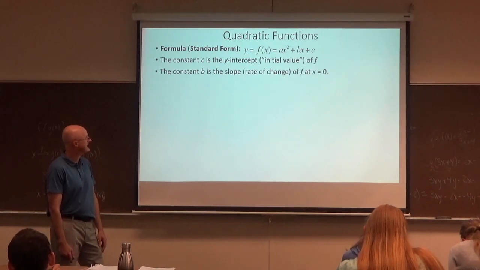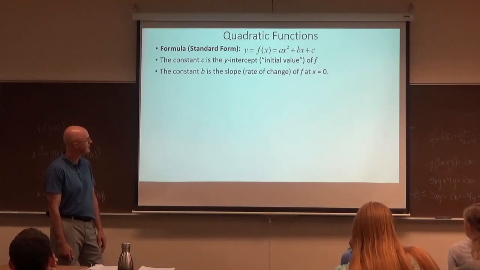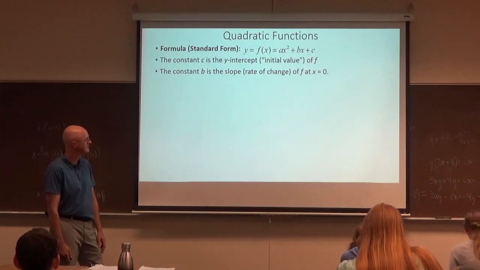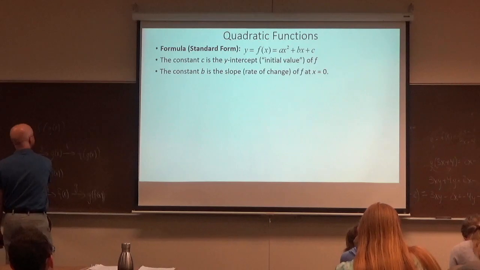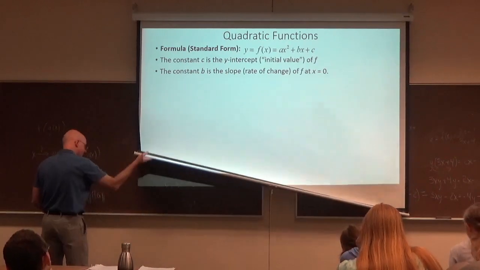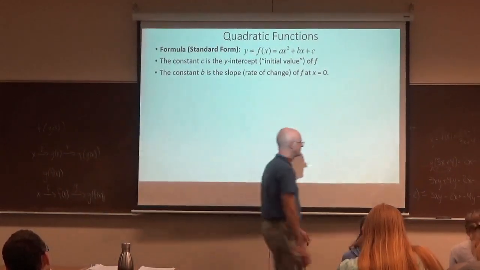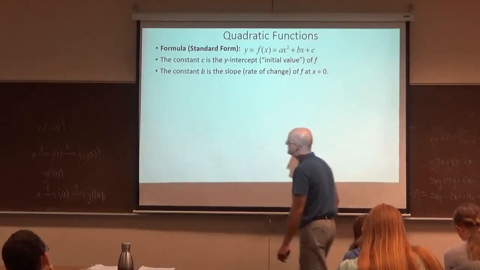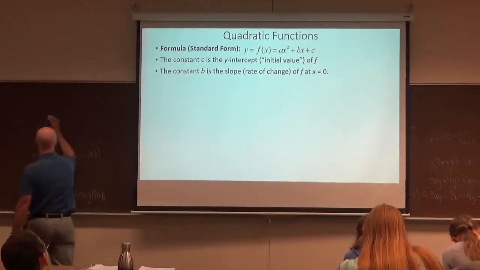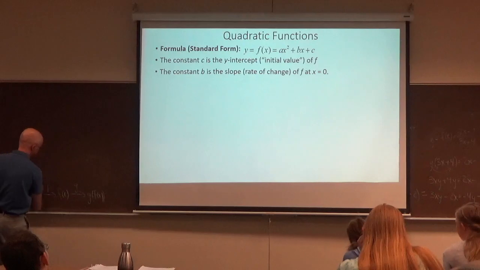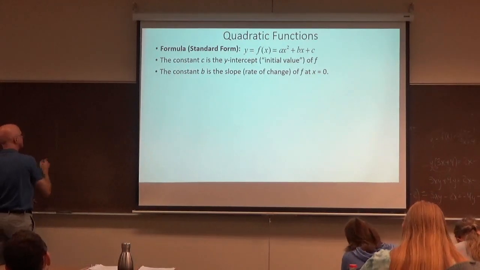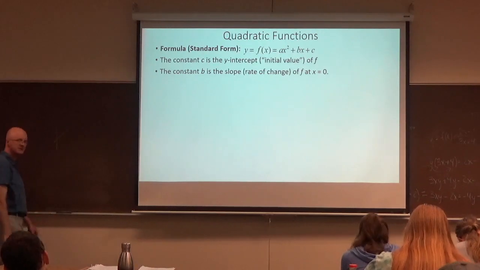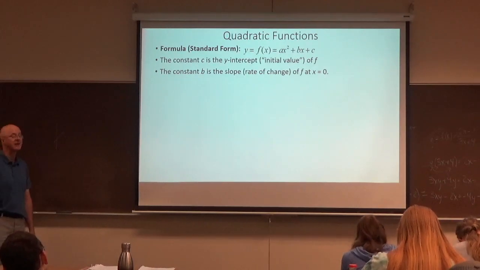The constant b is the slope of the graph at x equals 0. So if b is positive, then the graph of the quadratic passes through the y-axis with a positive slope, though it's not a straight line.